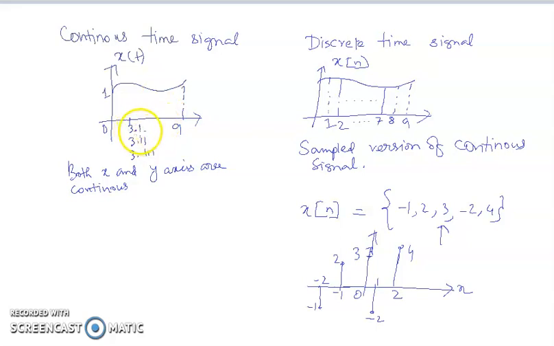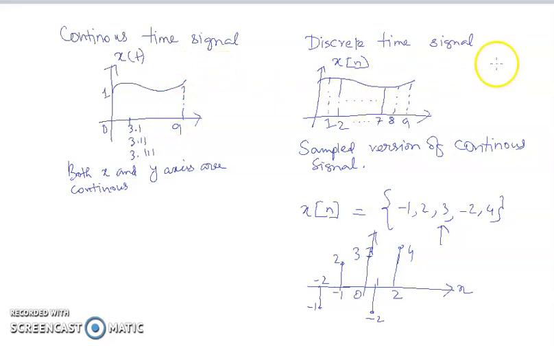For example, at t equal to 3.1, we will get some magnitude here. At t equal to 3.11, we will get some magnitude next to the 3.1 magnitude. Both the x-axis value, that is time, and the y-axis value, that is amplitude, are continuous in a continuous time signal.